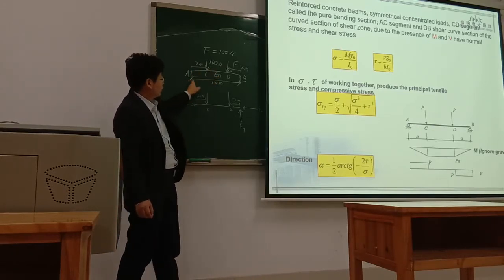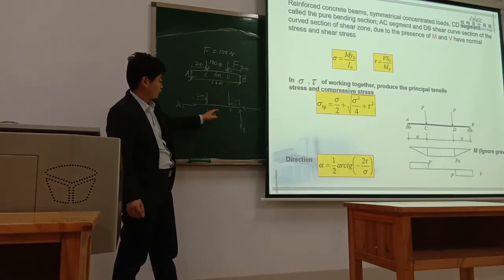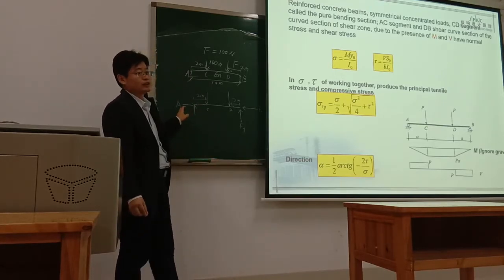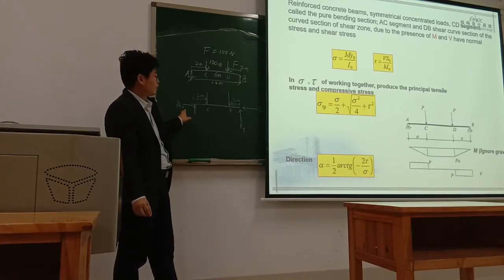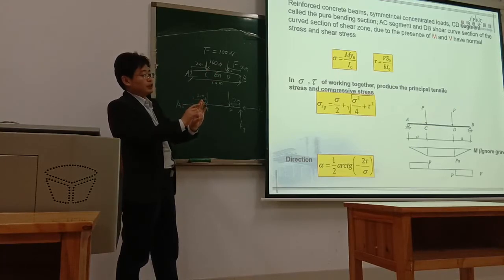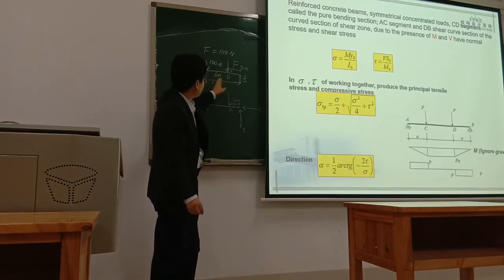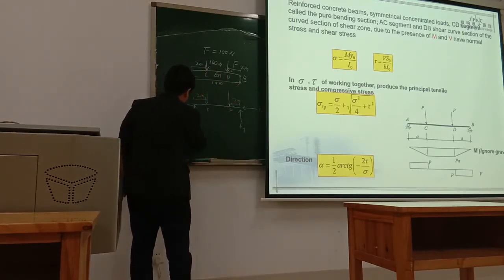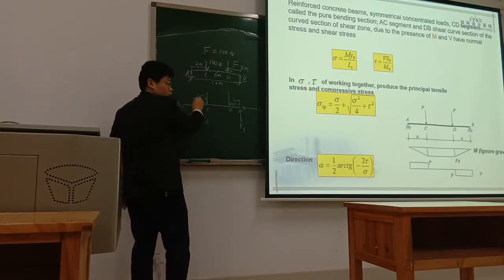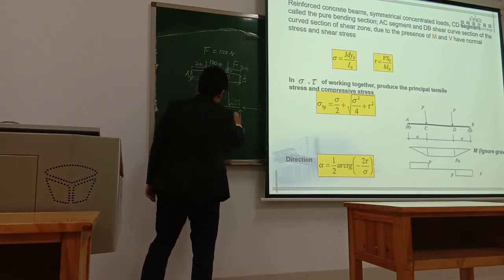If you want to draw the moment diagram, the first step is to calculate the reaction force at the supporting points. Because these two forces are symmetrical about the span, the vertical reaction forces RA and RB should be equal, so each is 100 Newton.